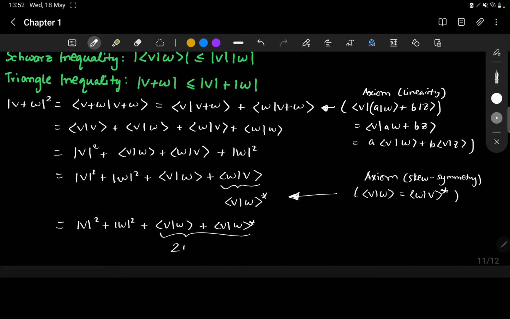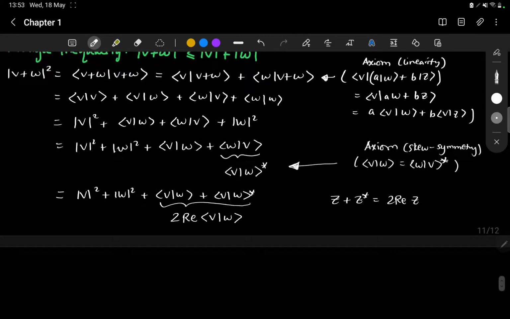This is nothing but 2 times the real part of that number. So I repeat, if we have a number, let's say some number z, and if we add the complex conjugate to it, then this is nothing but 2 times the real part of z. And it is easy to see this.